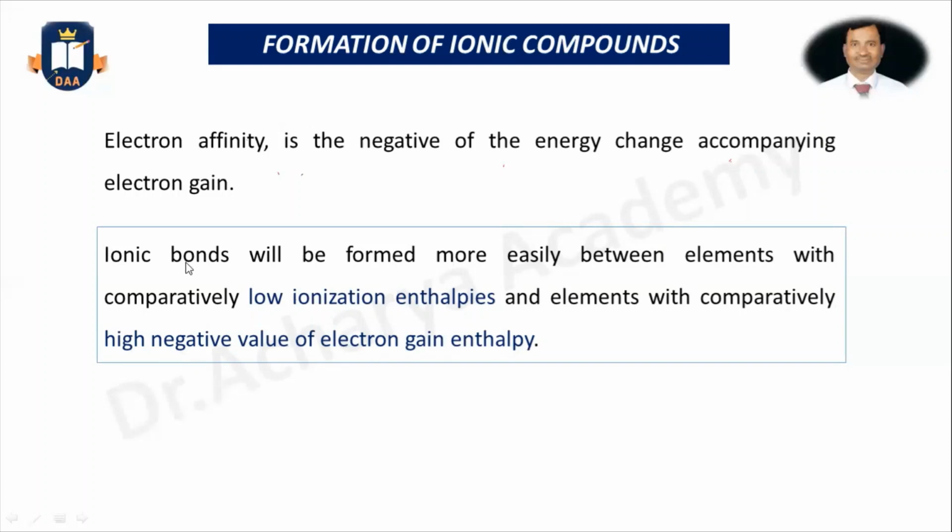So ionic bonds will be formed by elements which have low ionization enthalpies to form the cation, and other elements which have a high negative value of electron gain enthalpy to form the anion. This cation and this anion will form the ionic bond.